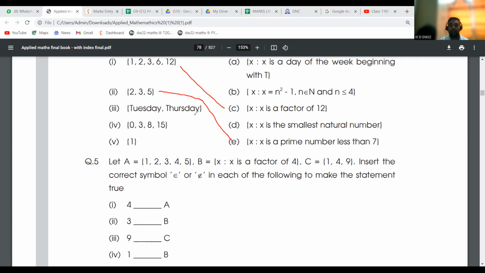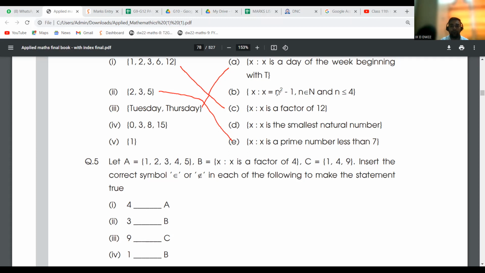Then Tuesday and Thursday: these are the days that begin with T. So this will be A. And 0, 3, 8, and 15: this will be n square minus 1, n belongs to N, n less than or equal to 4.